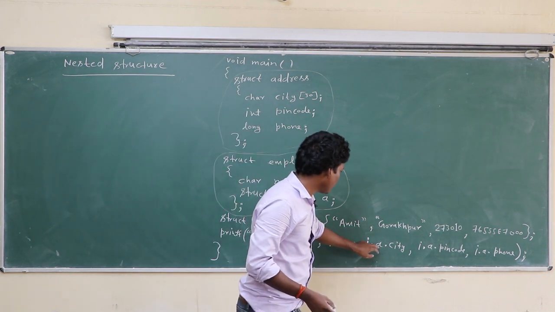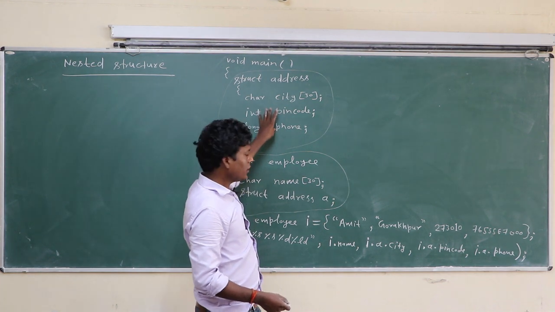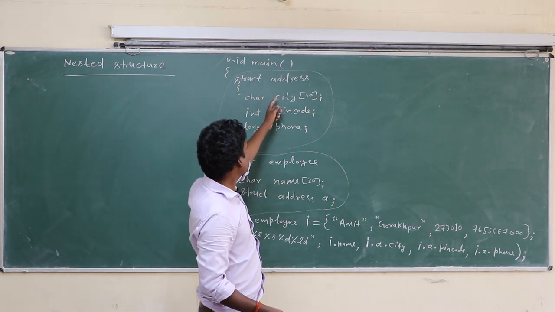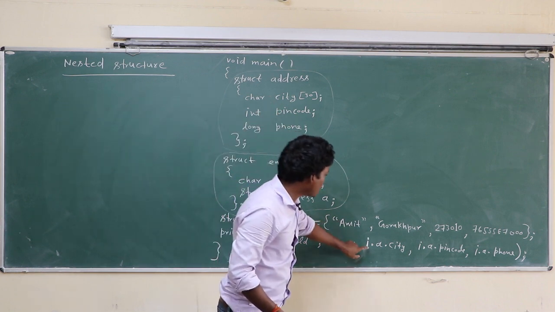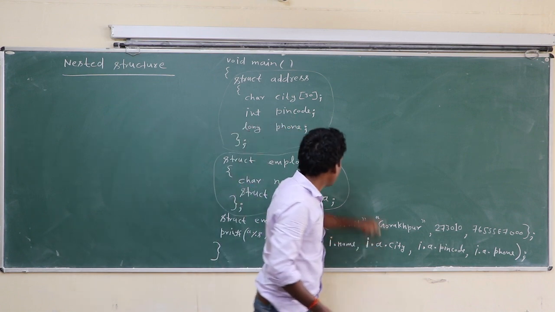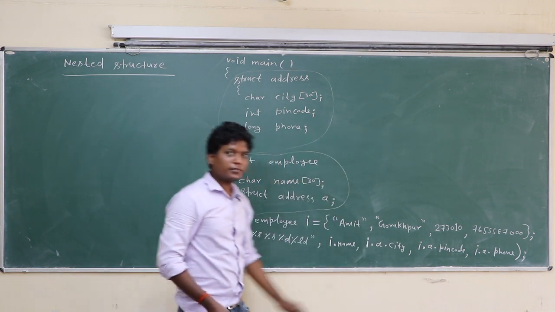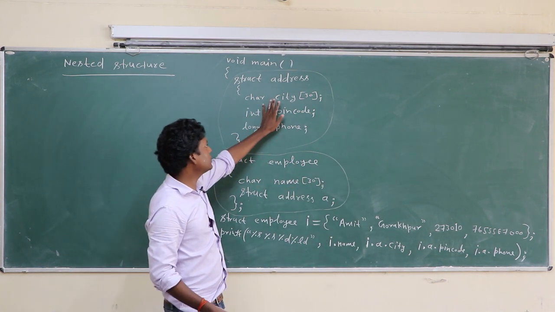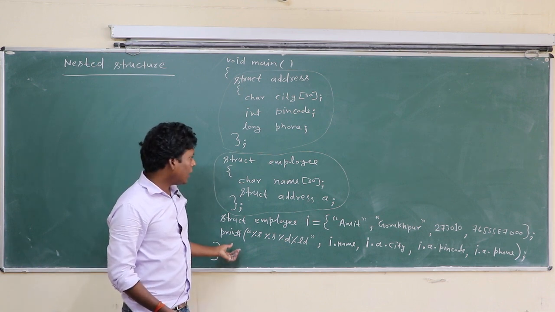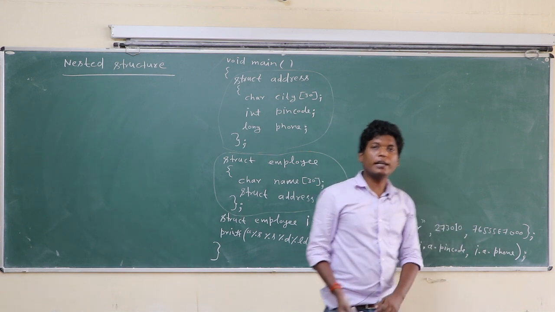So I dot A dot city: basically city is a part of this, not this structure. That's why we have to go through the structure variable of this. So structure variable of this dot structure variable of this dot its member name. In this way we access all elements of this structure in this. And we print Amit, Gorakhpur, and this will be printed here.